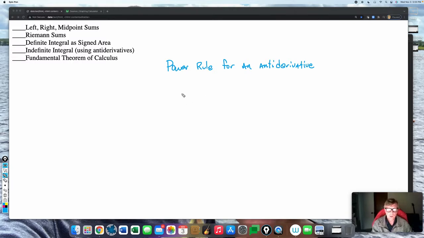All right, so if f of x is x to the n, remember that for the derivative, what we do is we move the power down, multiply the coefficient by the power, and then reduce the power by 1. Okay, that was the power rule for derivative.